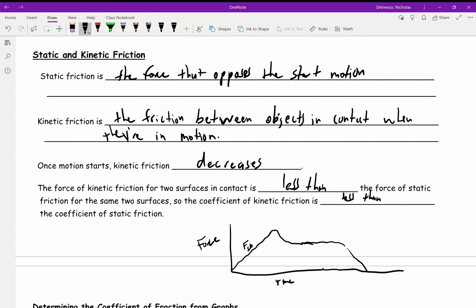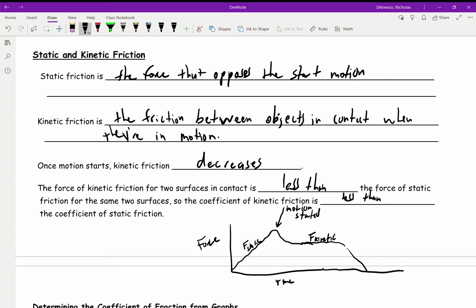So we basically have the force of static friction in the first part of our graph there, and where our graph dropped off here, this is where motion started. After that, we have a kinetic friction force that we're trying to overcome, so we can see the drop off there.